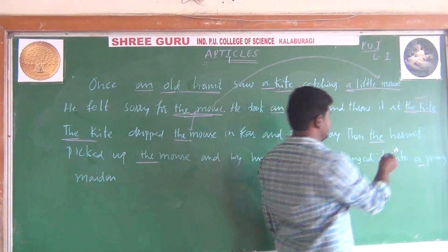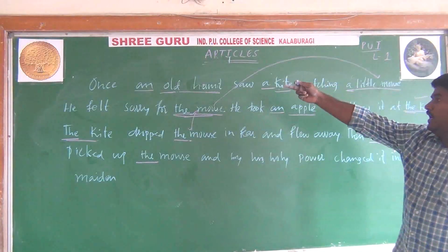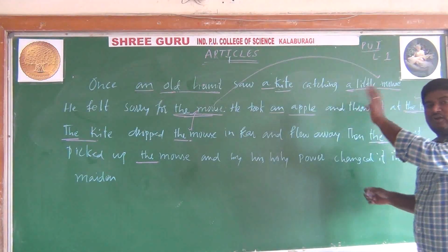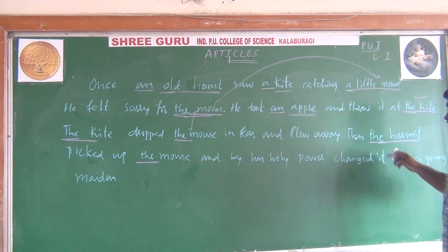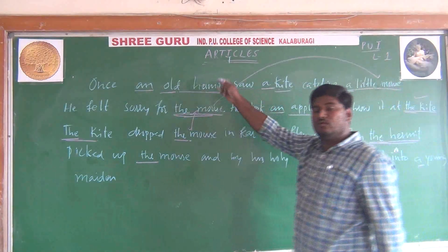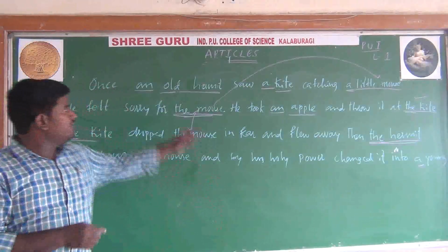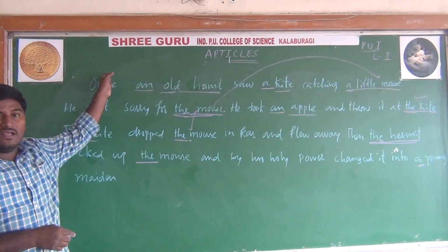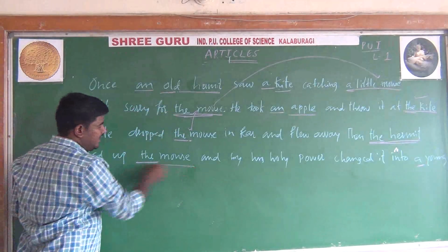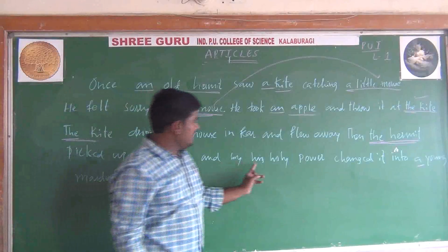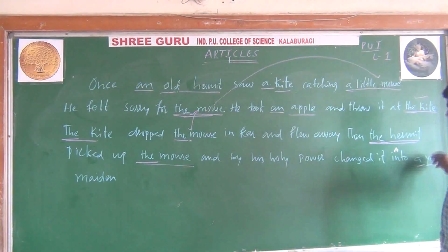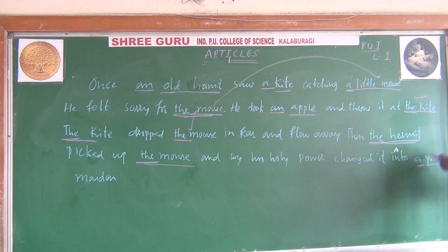Then the hermit. Hermit means the same one. We used an old hermit earlier because we were not certain, not definite, but now we know the hermit is the same one we talked about earlier, so that is certain. The hermit picked up the mouse. Again, the mouse is already known, and by his holy power changed it into a young maiden.